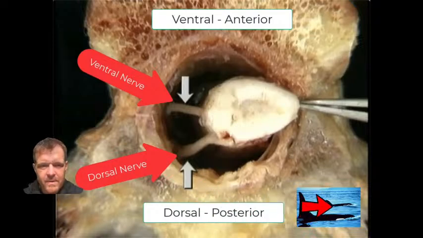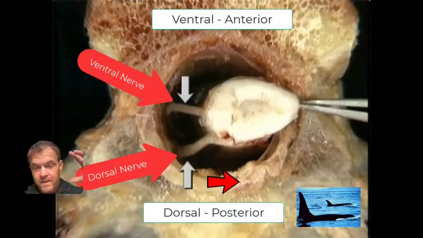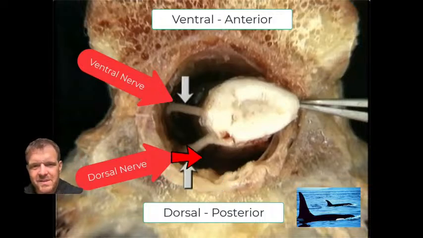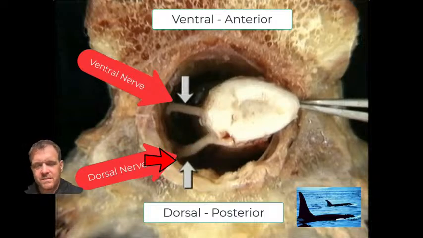And the reason why I've got a picture of an orca is the dorsal fin. So that's the way to remember which way is which. So the dorsal is on the back, which is where the dorsal fin is. Obviously, we don't have those, but for some reason, rather than calling things posterior, the name dorsal persists in this particular region.